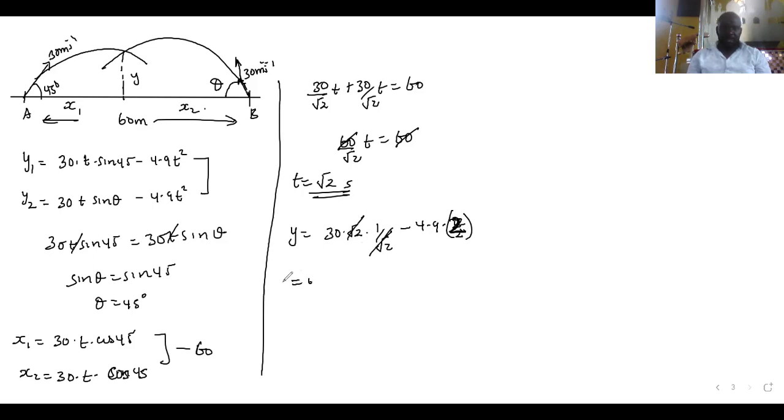We shall have y is equal to 30 minus 9.8. When you subtract 9.8 from 30, the answer is 20.2 meters. So they have met at a height of 20.2 meters.